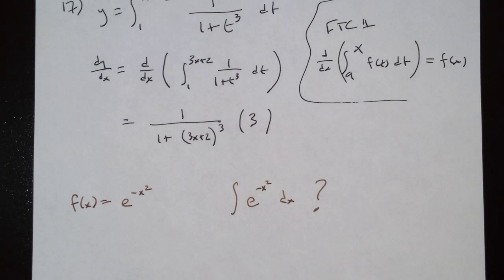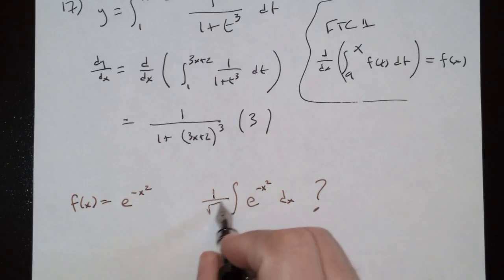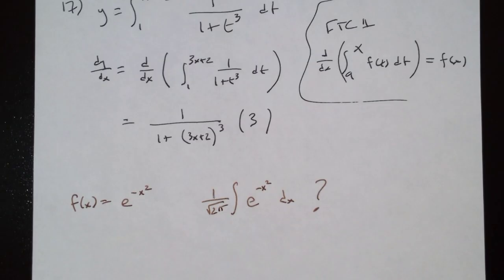This is one of my favorites for integral defined functions. Actually, e to the negative x squared. I shouldn't do this alone. There's a number that goes out in front of this, but it's not exactly relevant. If you graph f of x equals e to the minus x squared, you'll get a very familiar looking picture.